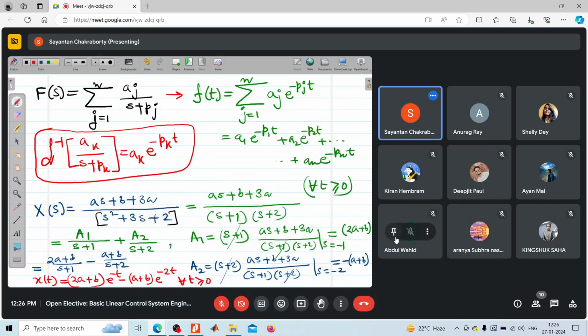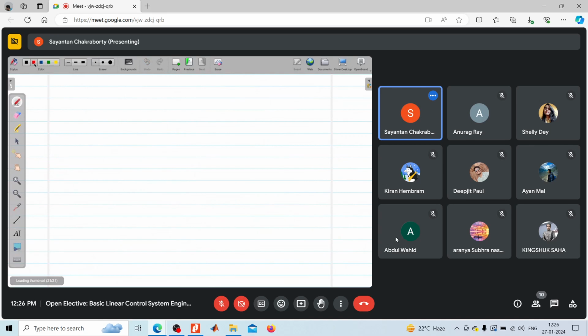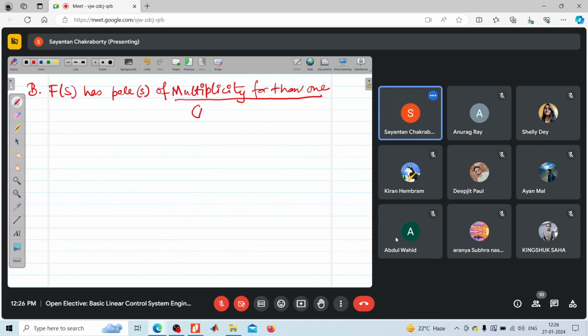That means Fs has a pole or poles of multiplicity more than 1, or you can say multiple poles at a location in the S plane.